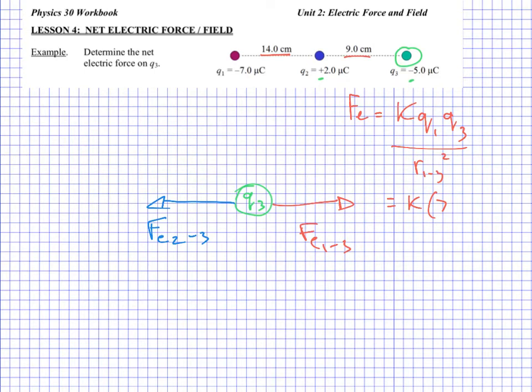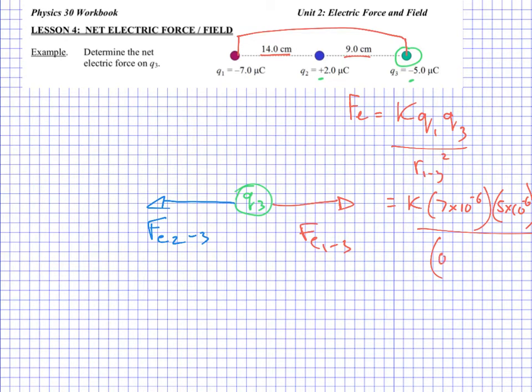So we've got 7 microcoulombs, so that's 10 to the negative 6. And then I've got 5 times 10 to the negative 6. That's my Q3, all over, and I have to add these two distances together because I need the distance center to center.